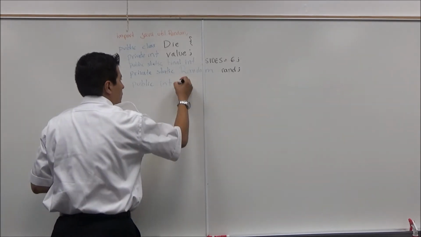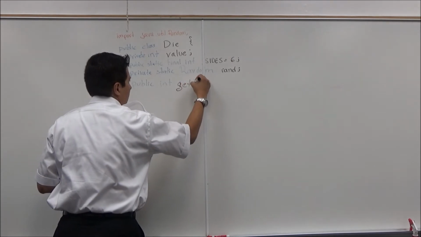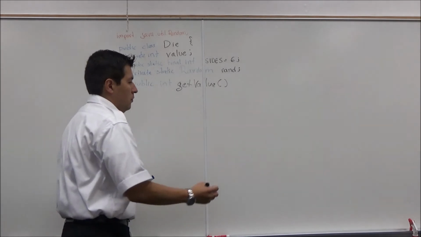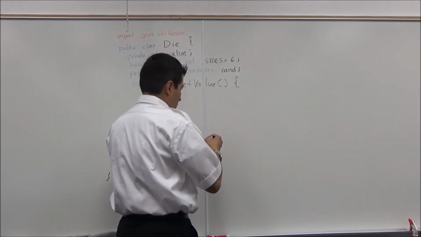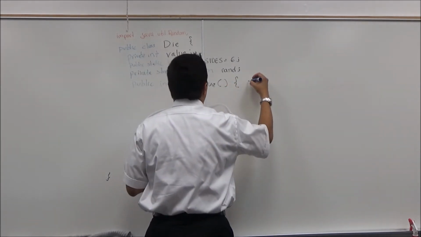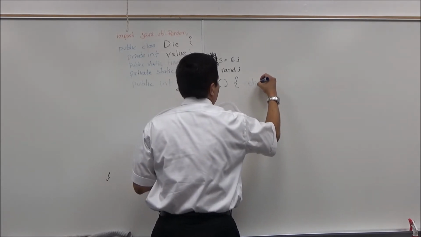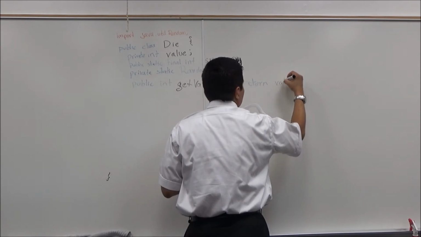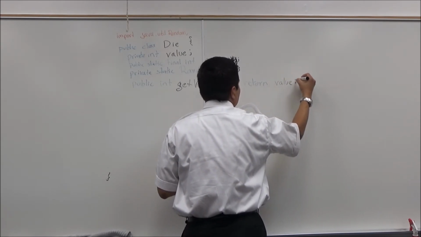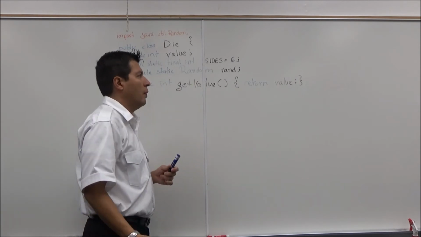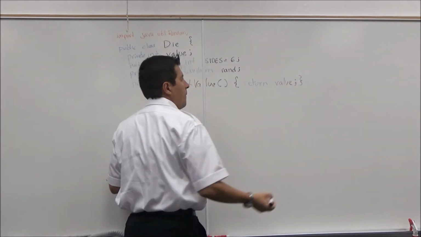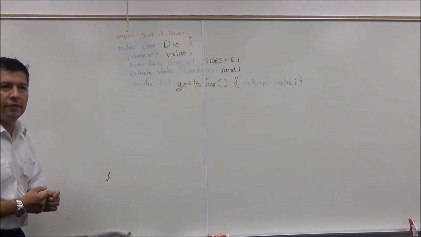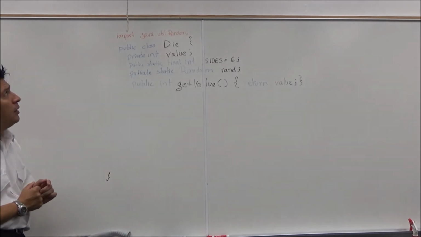Some books call it a getter, so I call it getValue. And it's just going to return the value. So far, so good, right? That's very straightforward. You already talked about this.